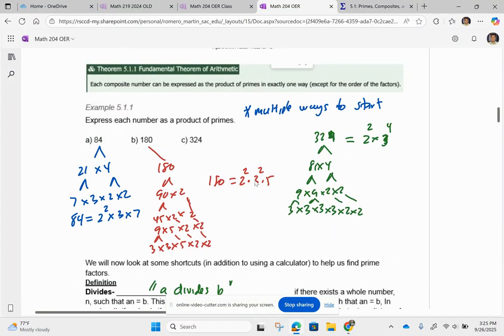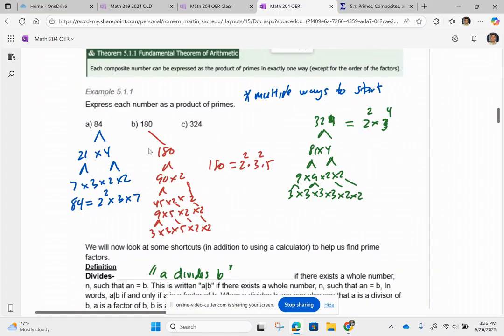Before we do this first example, which is really just a factor tree, you may remember that we introduced what's called the fundamental theorem of arithmetic. Sounds important, right? Fundamental theorem. Each composite number can be expressed as the product of primes in exactly one way, except for the order doesn't matter, but they're a unique set of prime factors that every composite number has.